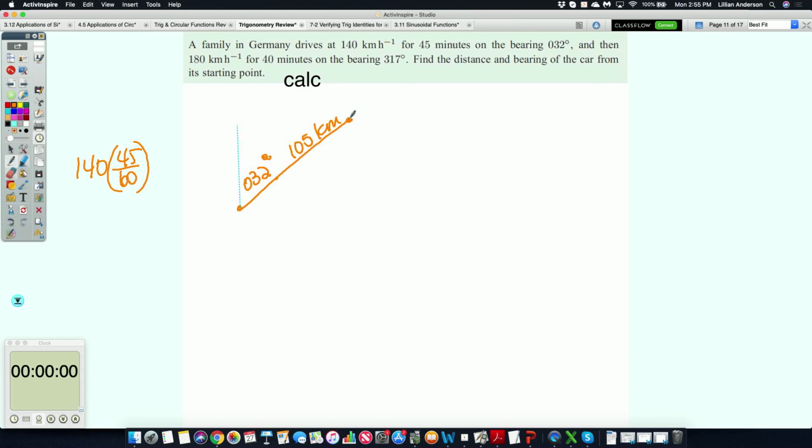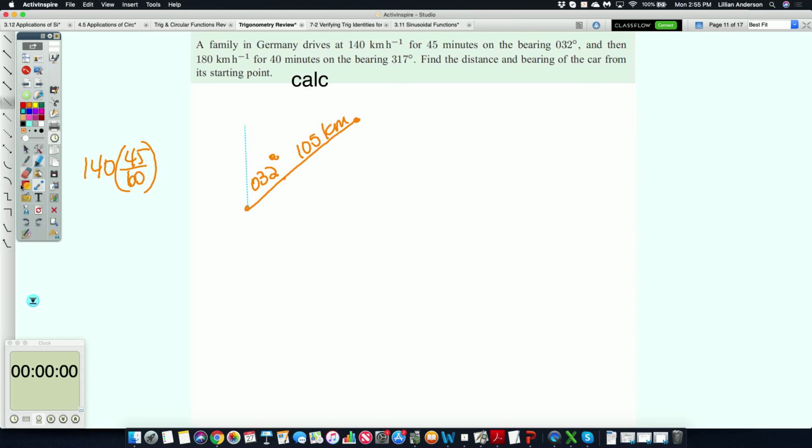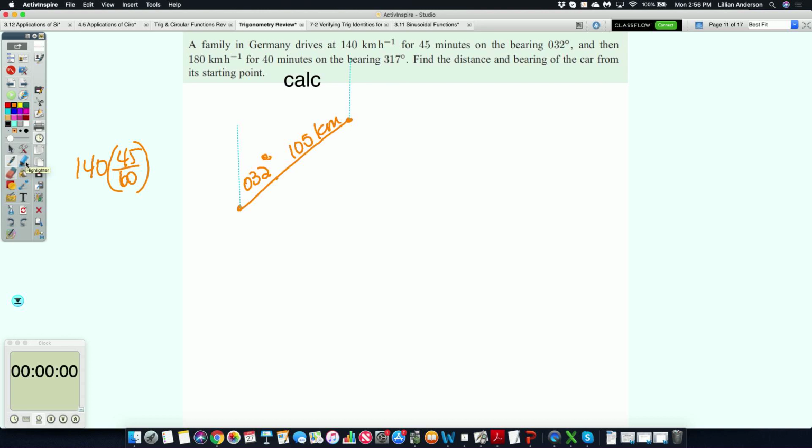Now, from that point, they go another distance for 40 minutes on a different bearing. So again, coming from the north direction, heading clockwise, 317 is their bearing.